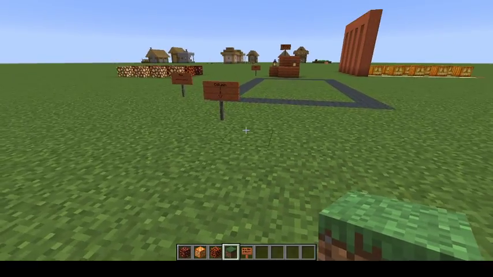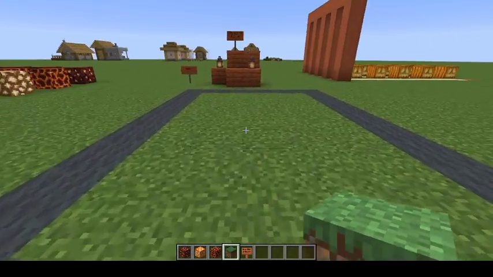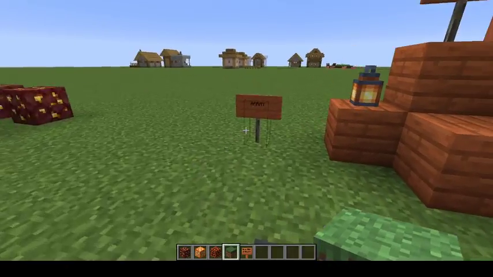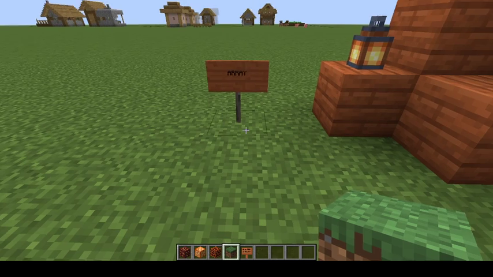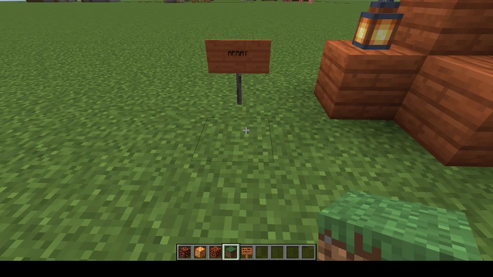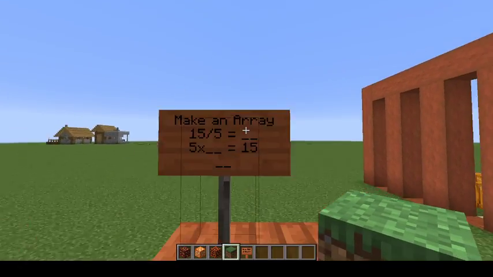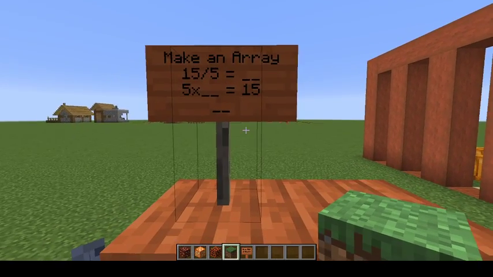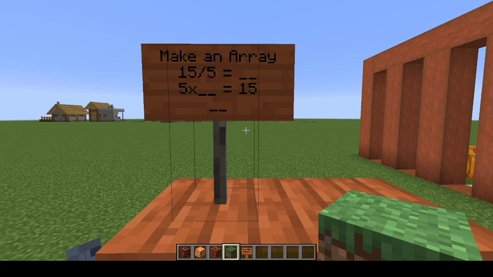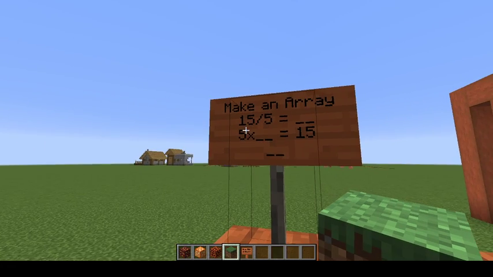First of all, we've got an area set up here that I've set up for you guys. And here is what we're going to be learning how to do. An array, A-R-R-A-Y. That's a mathematical term. And we've got our equations here. So we're making an array today.